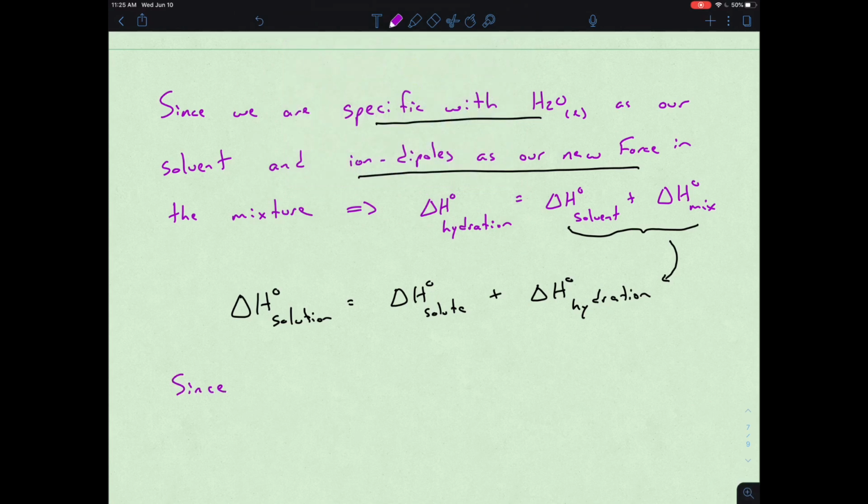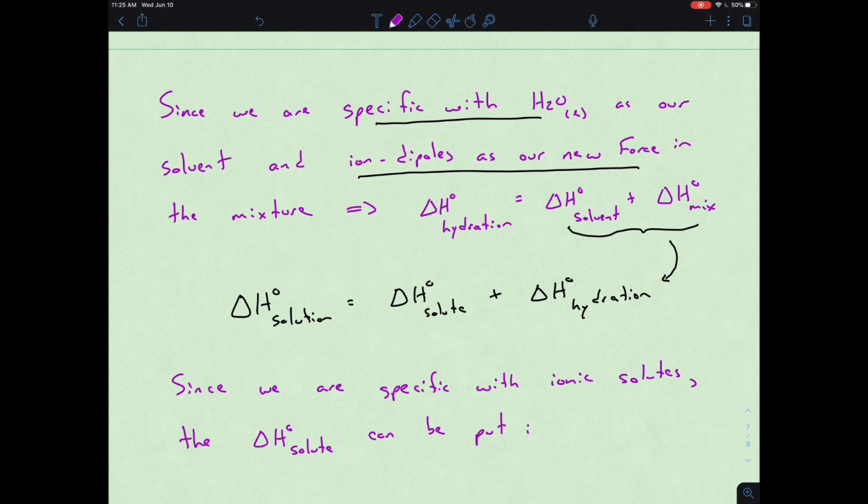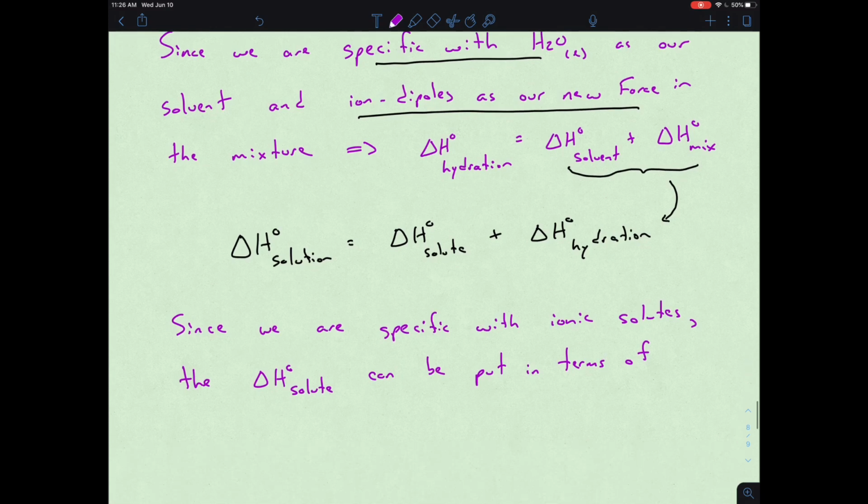So that brings up another point, and since we are also specific with ionic solutes, the delta H of the solute can be put in terms of lattice energy.